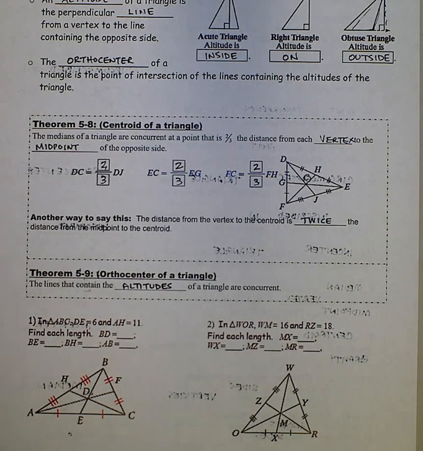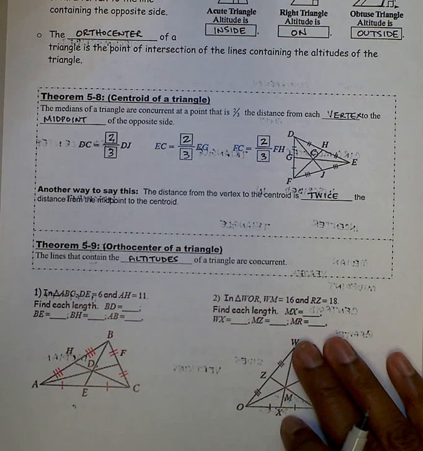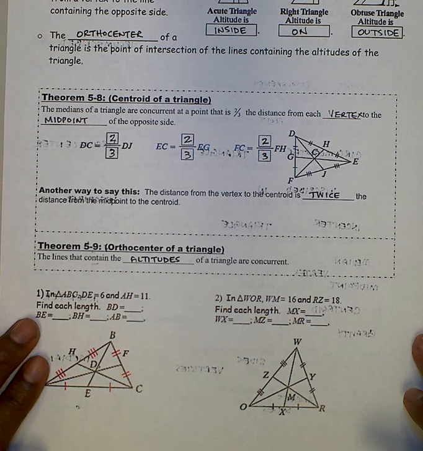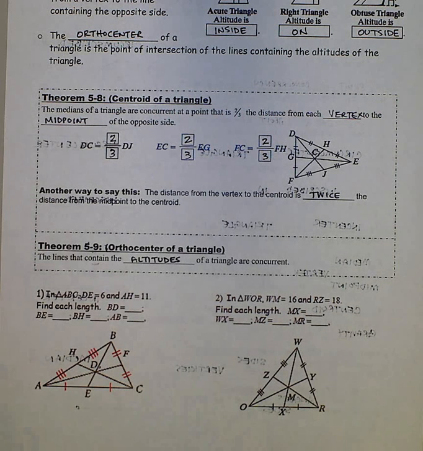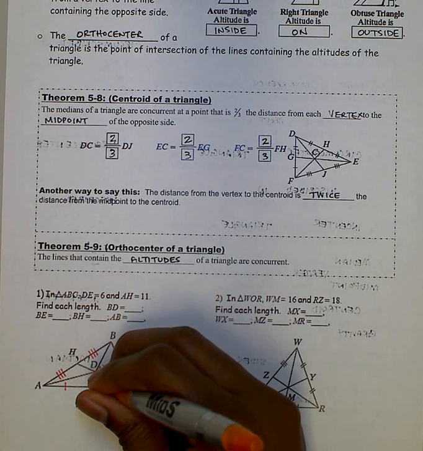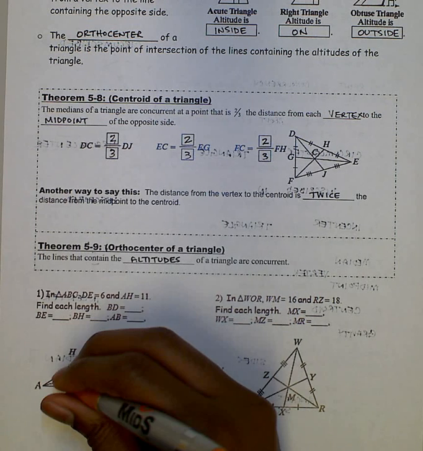Okay, so let's go through, on the bottom here, some examples of using the centroid. So down here in triangle ABC, they told us that DE was 6, and AH was 11.